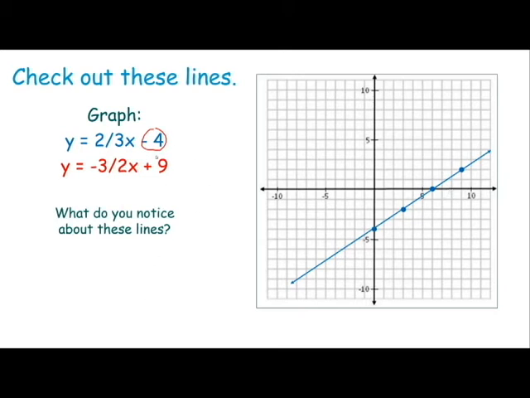When I go to graph the red line, it's going to cross the y-axis at 9, and it's going to go down 3 every time it goes to the right 2. Down 3, right 2, and so on. And notice, of course, that these are, in fact, perpendicular like we would expect.